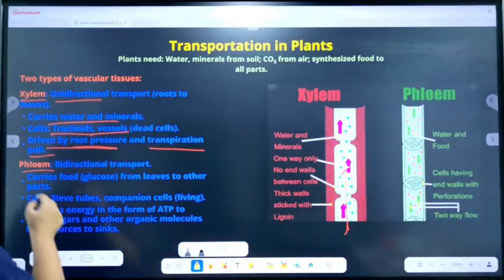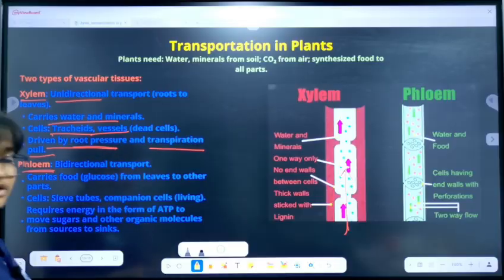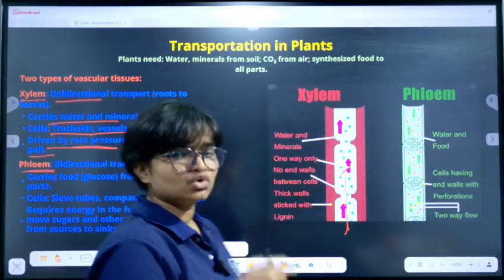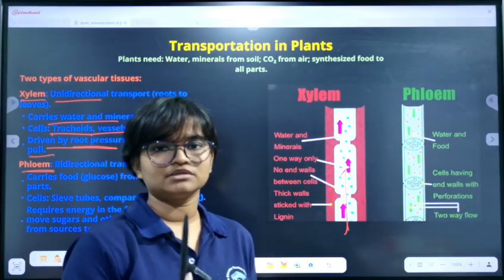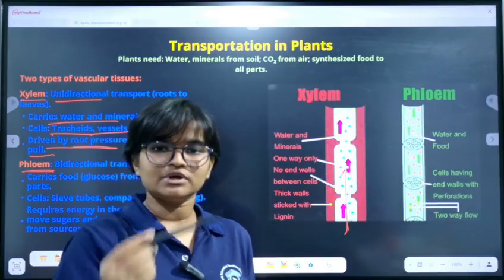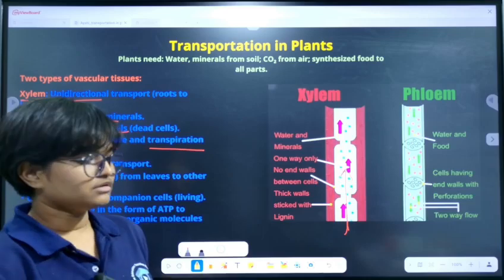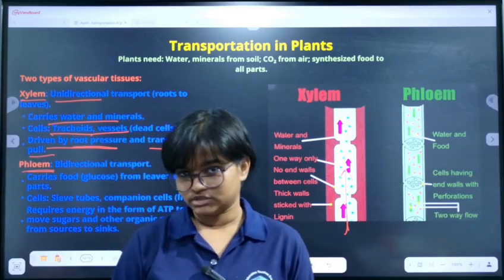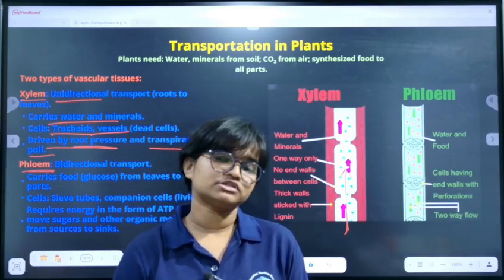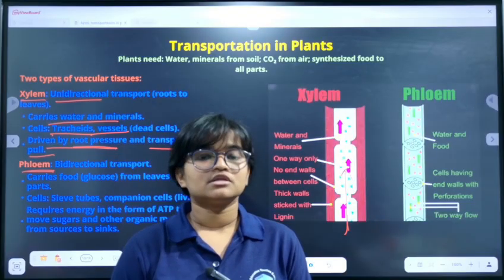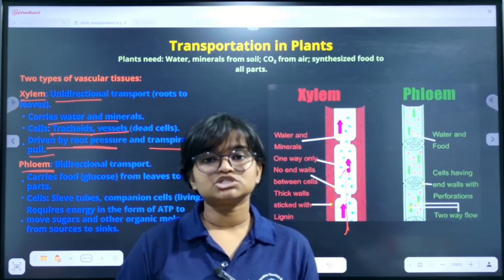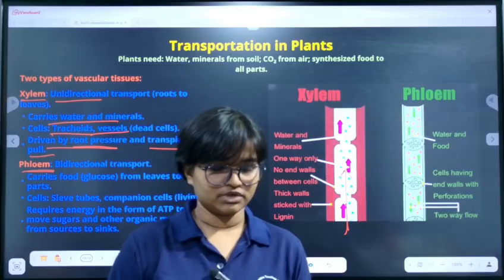So after that comes phloem. It is another tissue. Here there are two directions. One is it goes upward, another is it goes downward. So here only food is translocated. Translocation means circulation of food, only food. Okay.